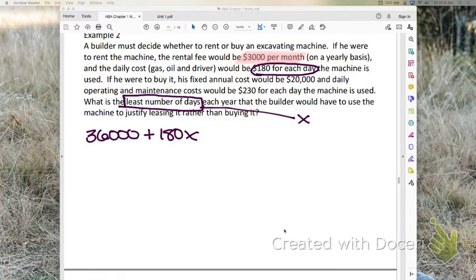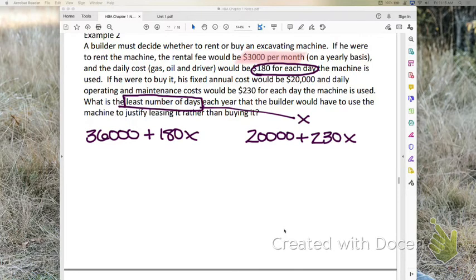If he were to buy it instead of rent, what's his starting costs? $20,000. Plus, what are his daily costs? $230 per day. Okay, we would like to justify leasing it rather than buying it.